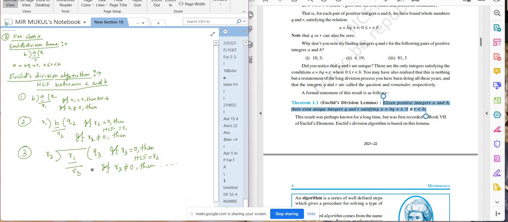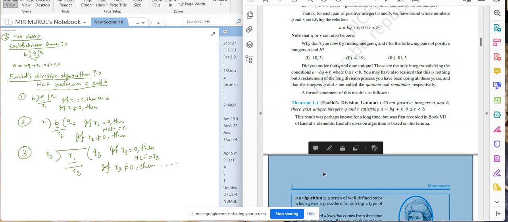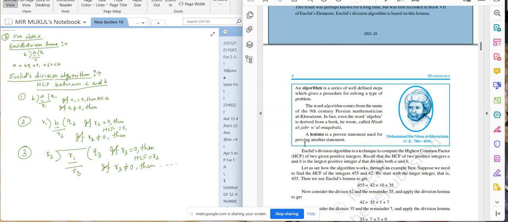And if you get remainder equals 0, then you have to stop at that place. So in every step we have used Euclid division lemma. When you get remainder equals 0, then the last divisor will be the HCF of those two numbers. Is it clear? You did this in class 6.